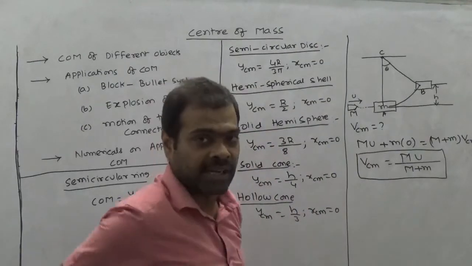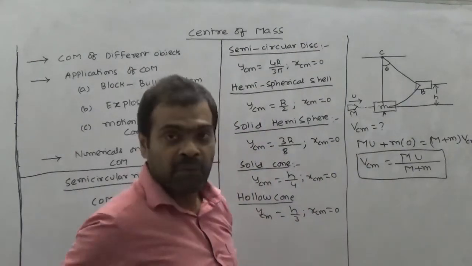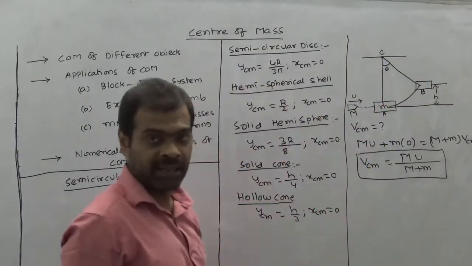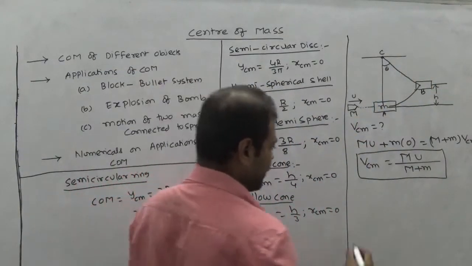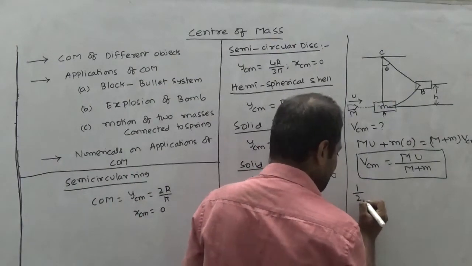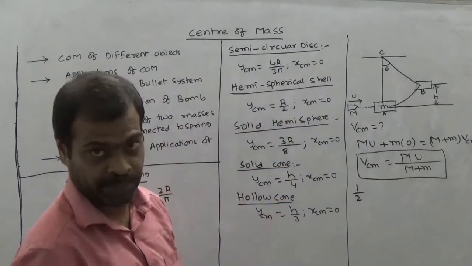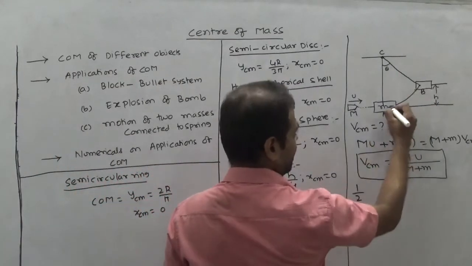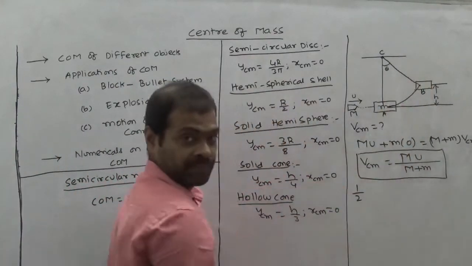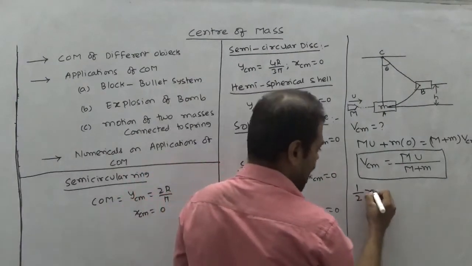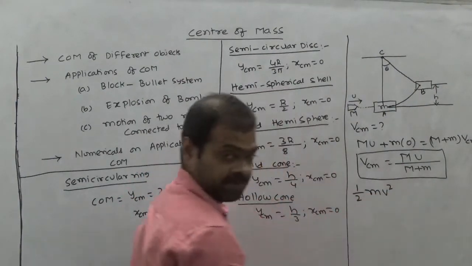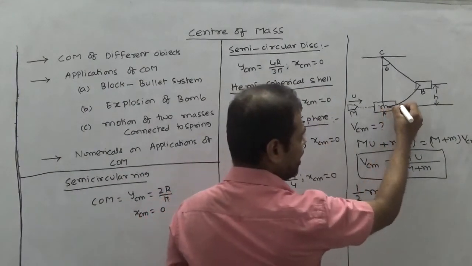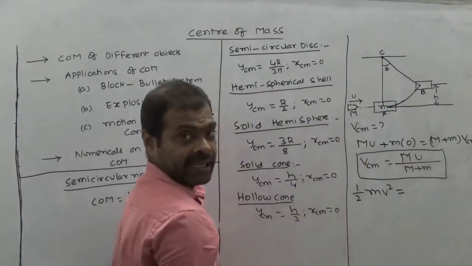After getting the velocity of center of mass, here I want to find the height. That means I can write the kinetic energy, in moving the object, as half mv square, which is equal to, during the motion, the block will have kinetic energy.